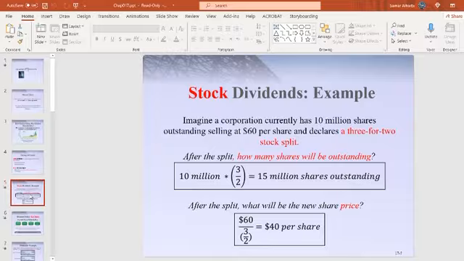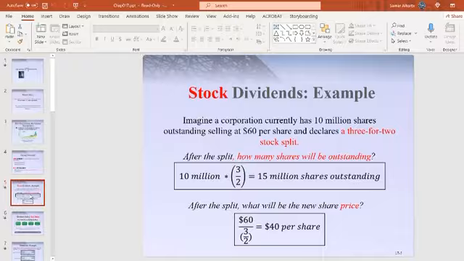The question is, after the split, after they divide, how many shares will be in the market? So before this announcement, there were 10 million shares. After they announce the split or the division, what will happen? Simply, this is a formula.